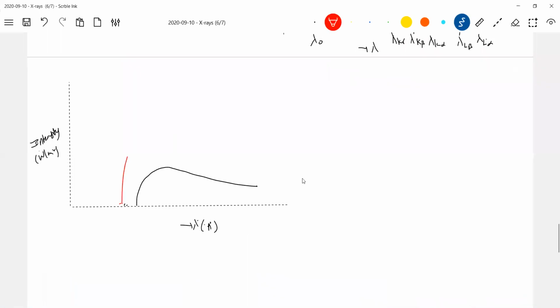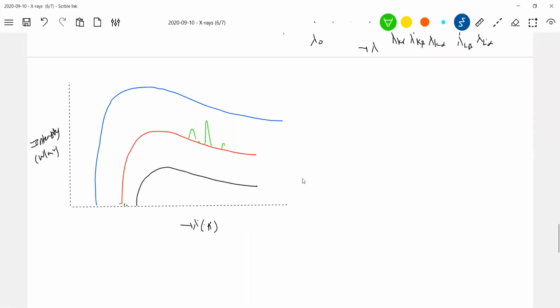For all accelerating voltages, will I get the characteristic peaks? The answer is no. Here I can notice the peaks: K alpha, K beta, L alpha, L beta.